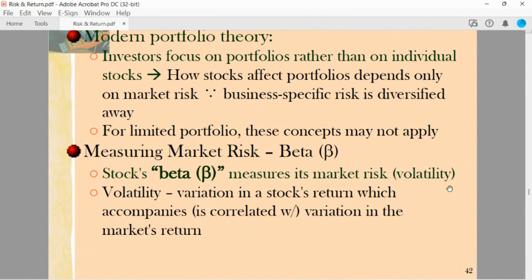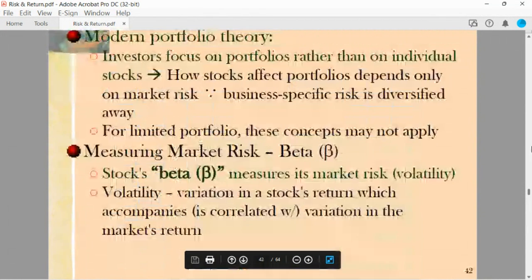A stock's beta measures this market risk, in other words, its volatility in relation to the market return. So beta measures the correlation between an individual stock and the market's return, right? In other words, how much the individual stock's return moves in relation to the market return.